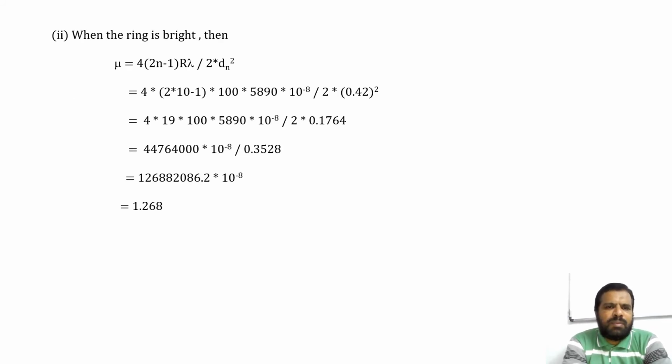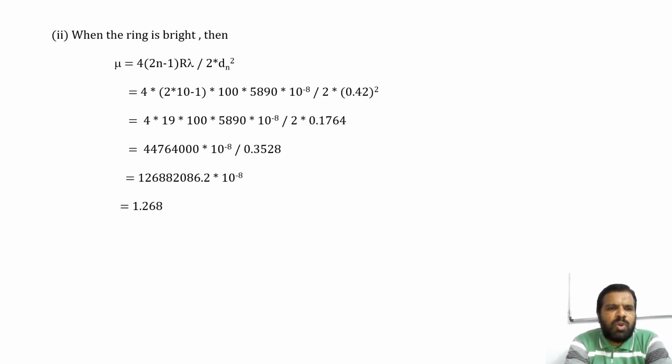When the ring is bright, then mu is equal to 4 into bracket 2n minus 1 bracket complete r into lambda divided by 2 into dn square. That is equal to 4 into bracket 2 into 10 minus 1 bracket complete into 100 into 5890 into 10 raised to minus 8 divided by 2 into 0.42 whole square.